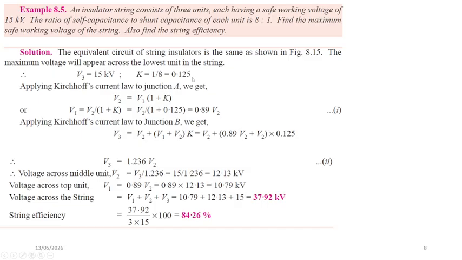By applying Kirchhoff's current law again at the junctions, the relationship between the voltages across each unit can be derived, so we can just replace the values in the equations.